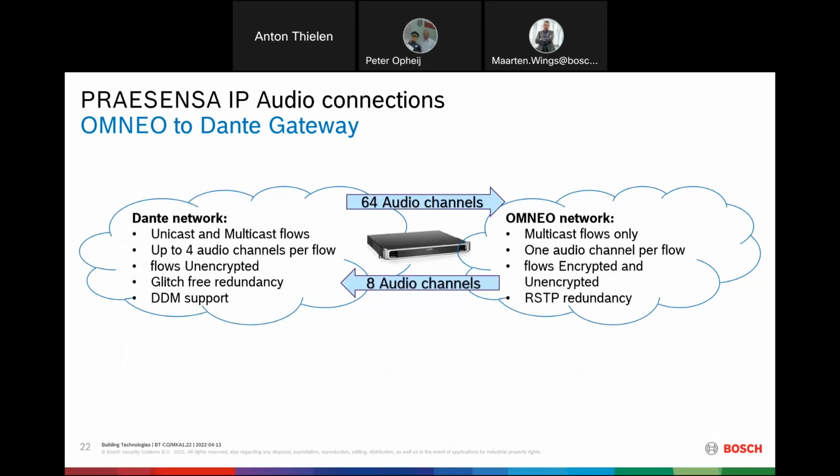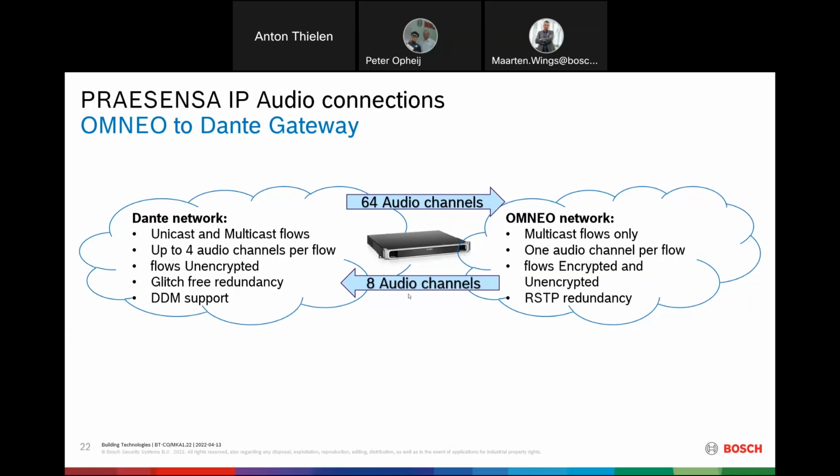So you do not need this. You can also have your Dante devices running on the PRAESENSA network. You must be careful with some devices which maybe only are 100 megabit, because after some amount of channels, if you have more than 15 or 20 channels, they really can give problems if you do not protect them against multicast.